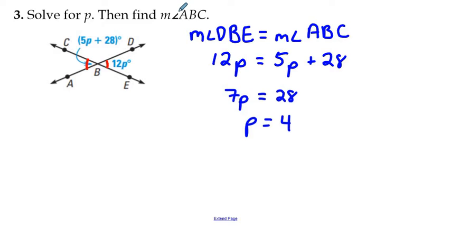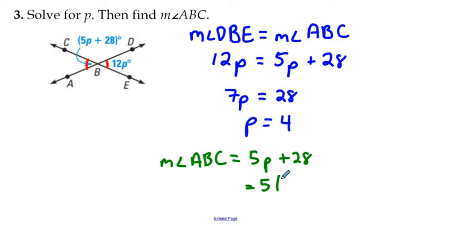Then the last part is find the measure of angle ABC. So the measure of angle ABC, that's a simple substitute in. Right.